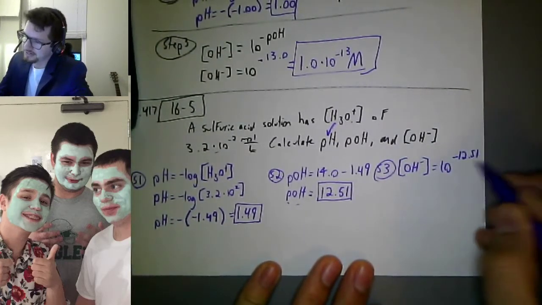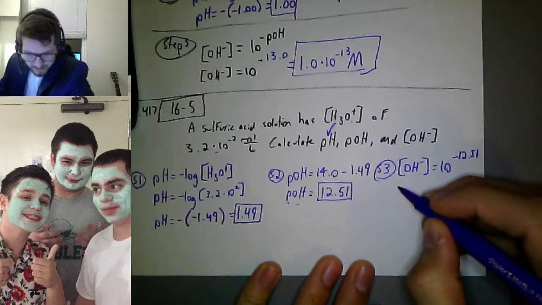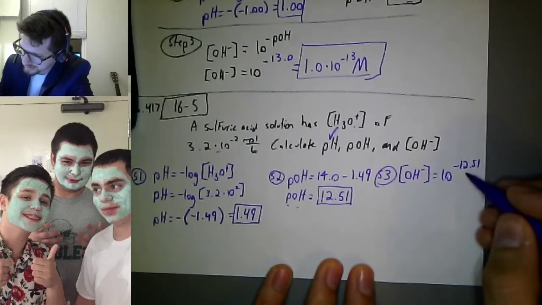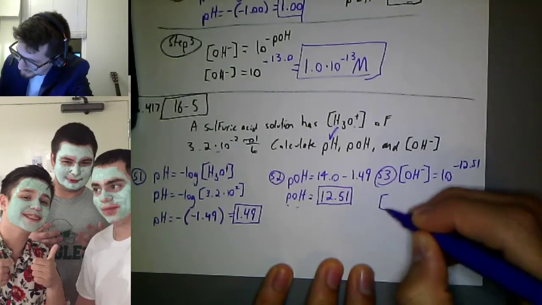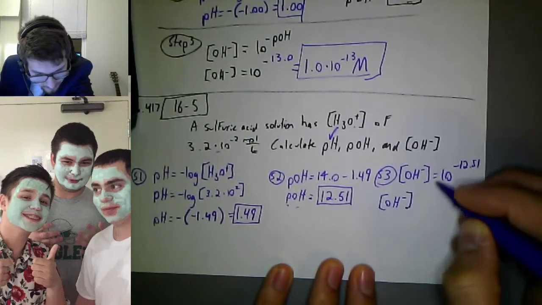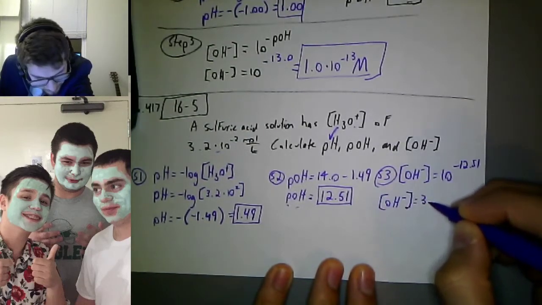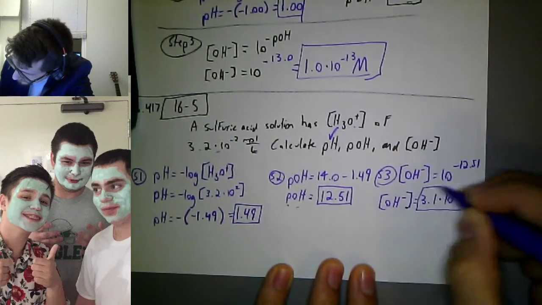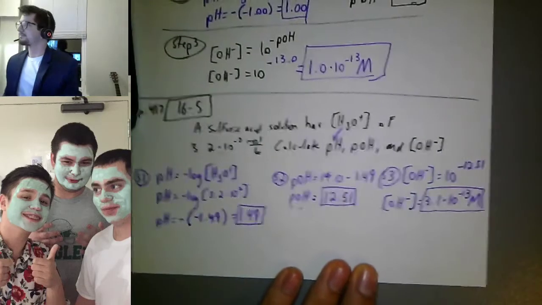Please be careful with the negative exponents. Make sure that your calculator, you use parentheses if you can. When I plug that into my calculator, I get 3.1 times 10 to the negative 13. And that's my answer.